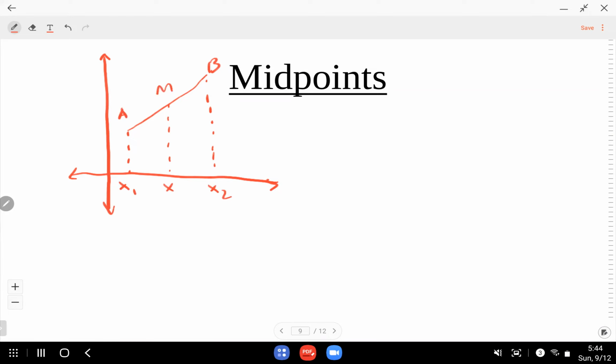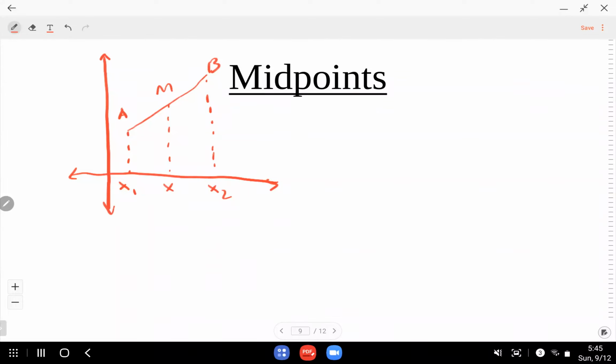So how do we find the midpoint of a segment? If you have a segment, you just have to divide by 2, right? However, what if you're given only coordinates? We're just given points, all right? How do we find the midpoint of the segment that those points create?